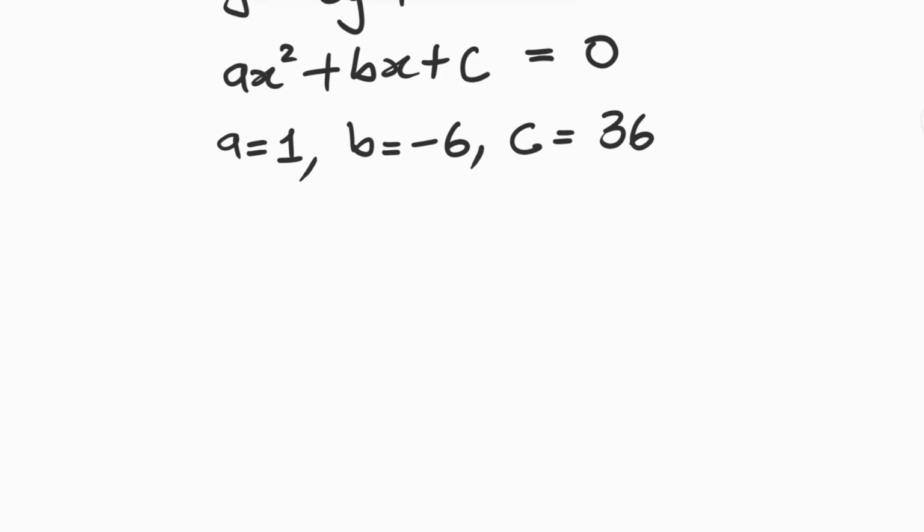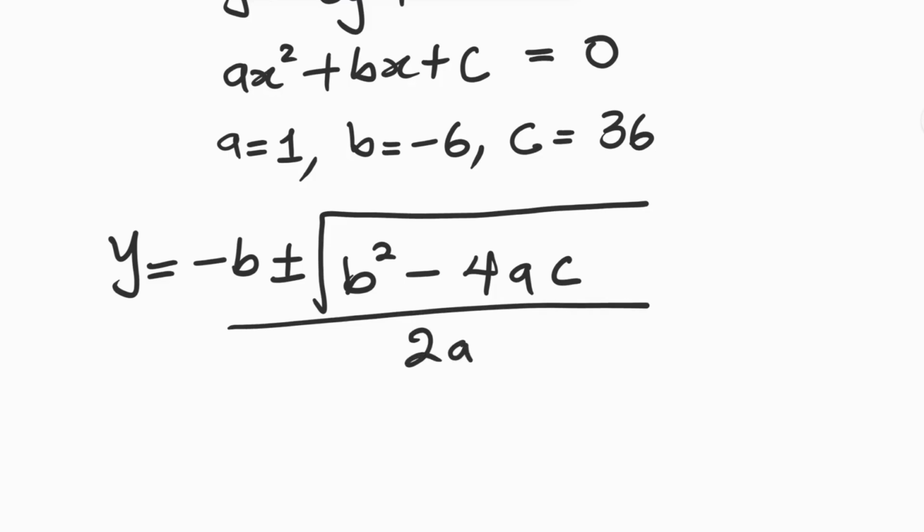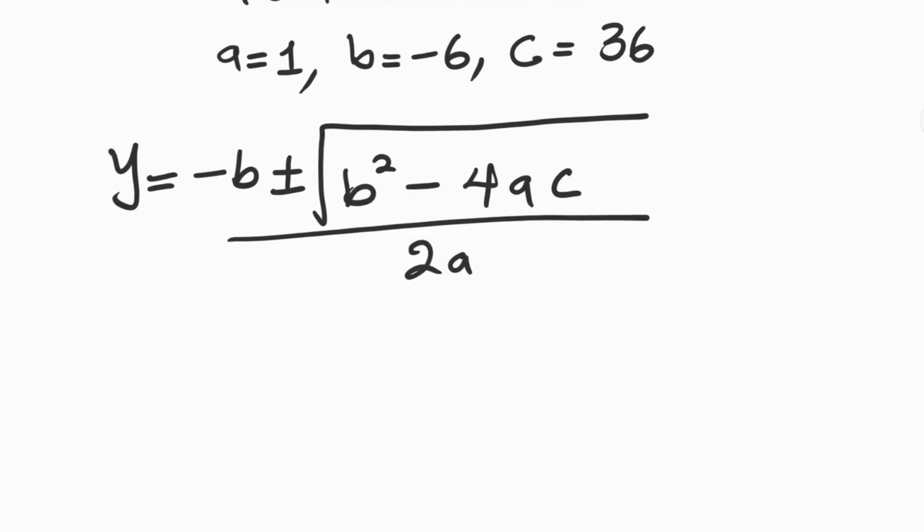Now, the quadratic formula states that y is equal to minus b plus or minus the square root of b squared minus 4ac, all divided by 2a. So now let us plug in the values of a, b, and c into our equation.